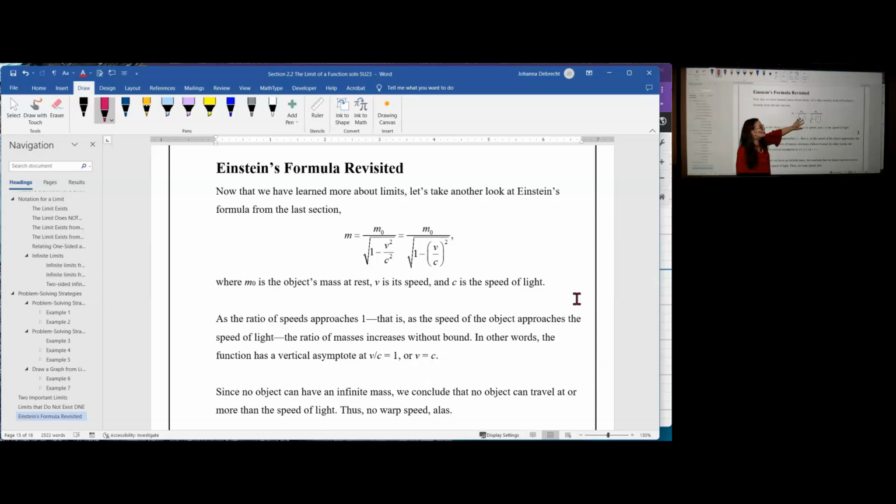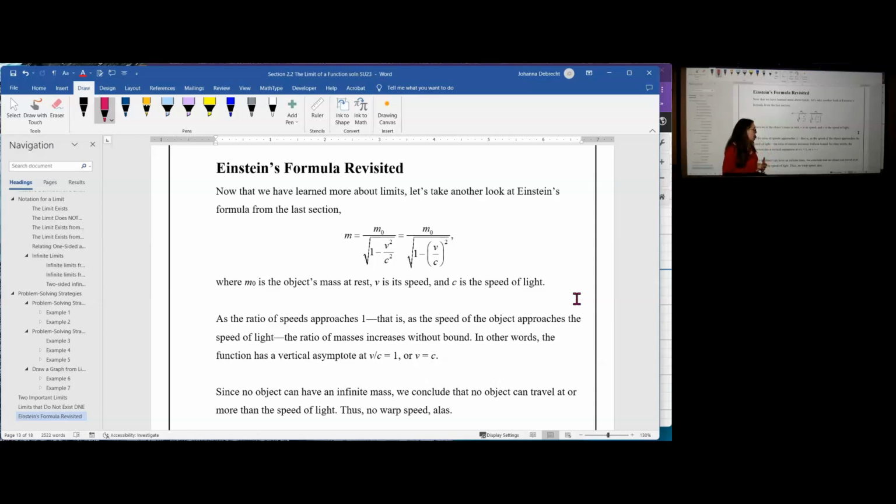This is a positive value, and your mass at rest is a positive value. And as this gets smaller and smaller, closer and closer to 0, this is going to approach infinity. That means your mass becomes infinitely large as your velocity approaches the speed of light.